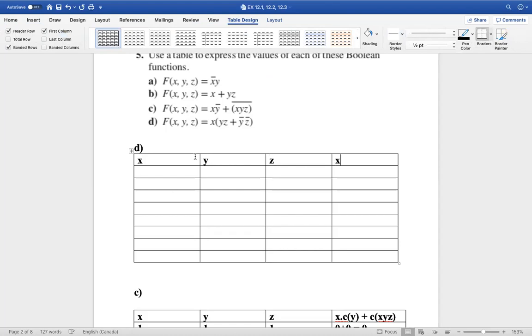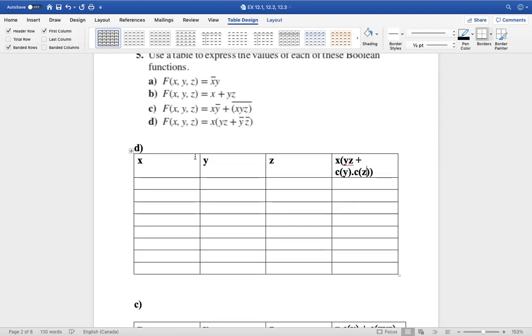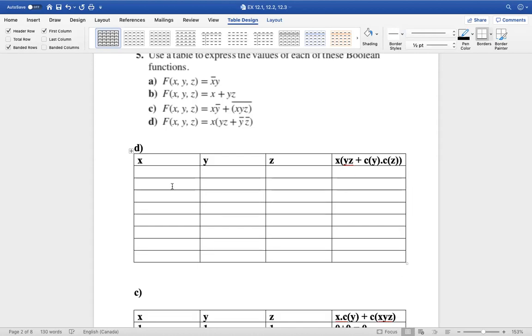Then we have x, y, z plus y dot the complement of z. Then for x we have 1, 1, 1, 1, 0, 0, 0, 0, and for y we have 1, 1, 0, 0, 1, 1, 0, 0.